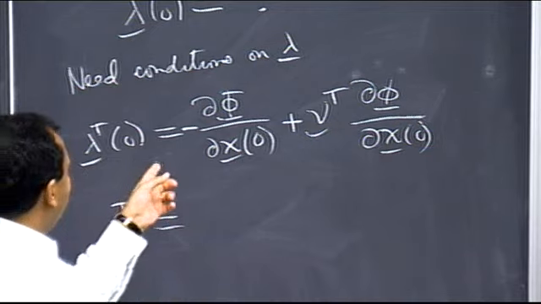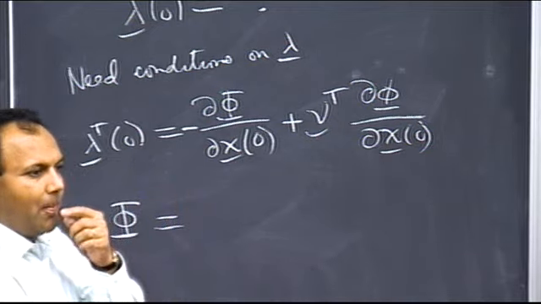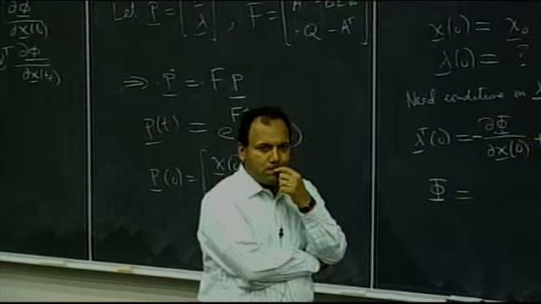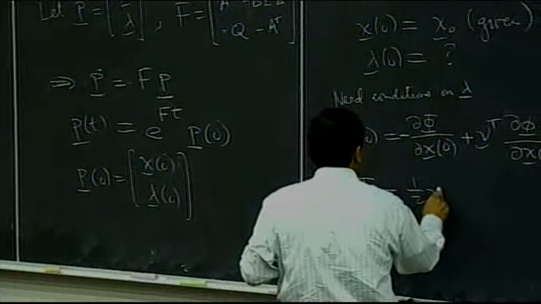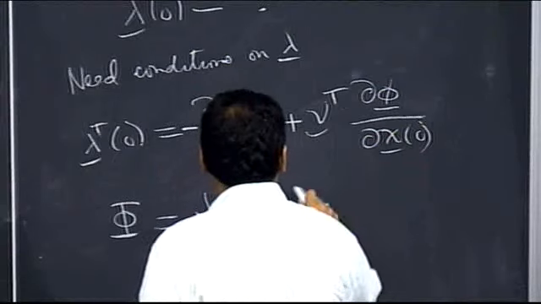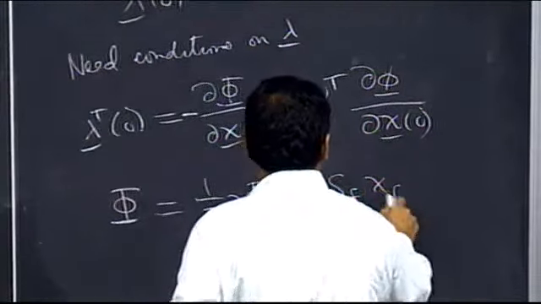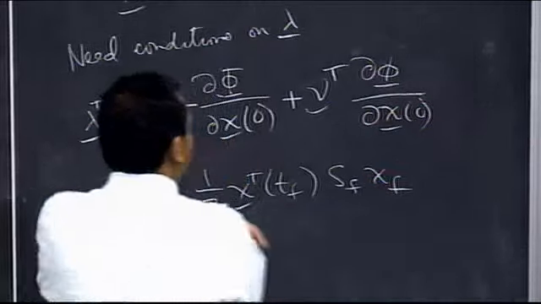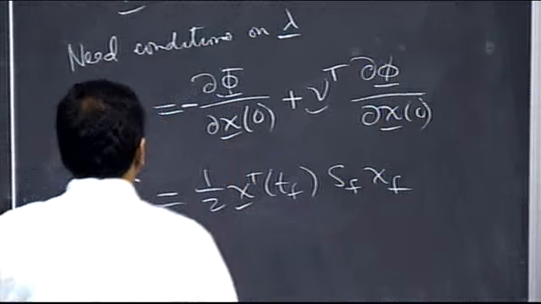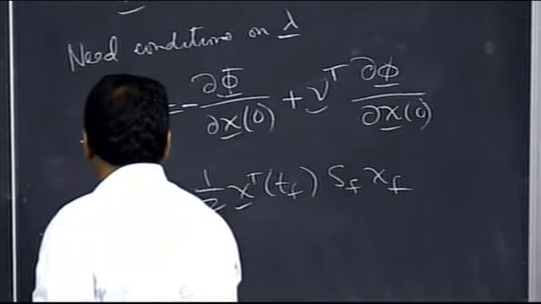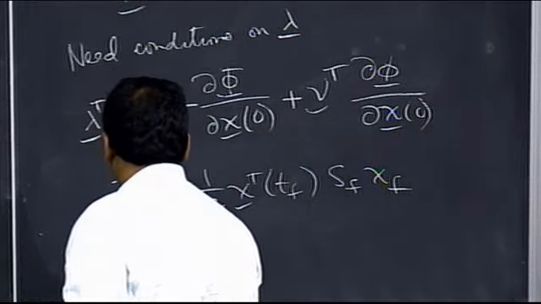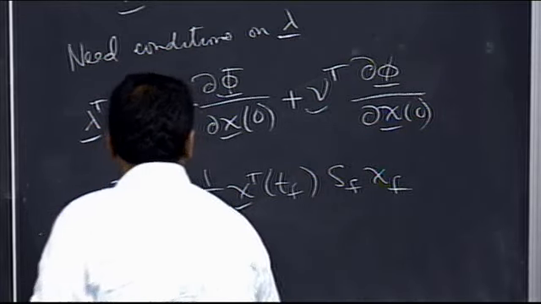I'm not asking you to compute the derivatives. I'm asking you what phi is. It's 1/2 x transpose at tf Sf times xf. Is this a function of x at 0? No. So the partial of phi with respect to x at 0 is 0. Okay, that's the first part.